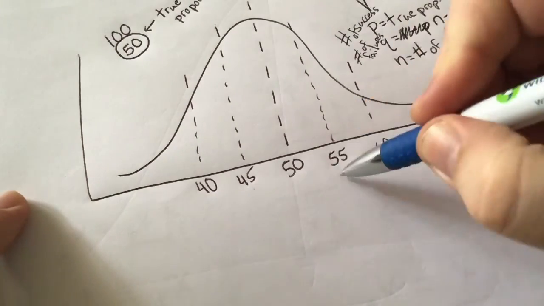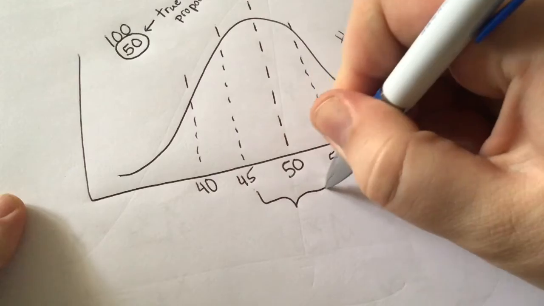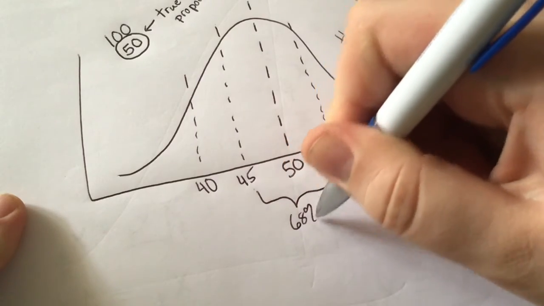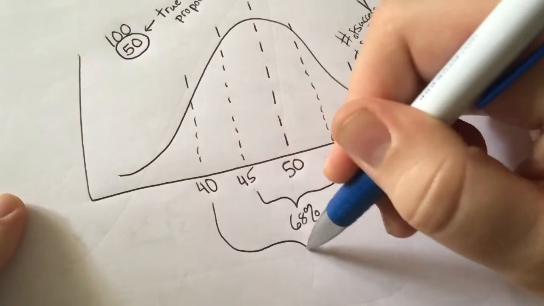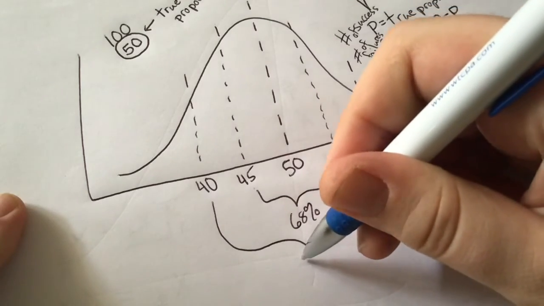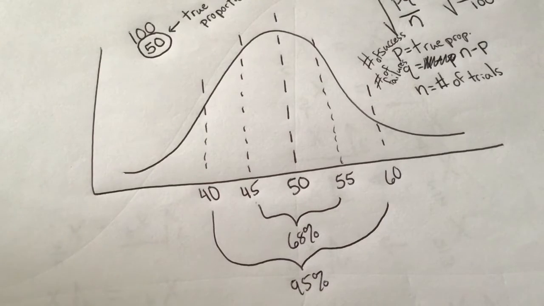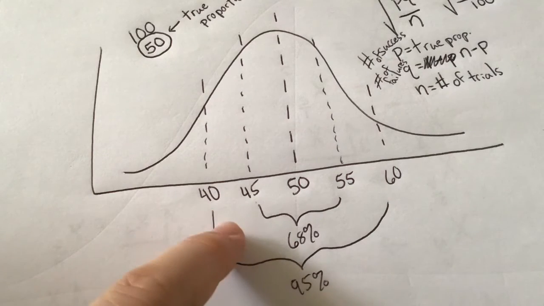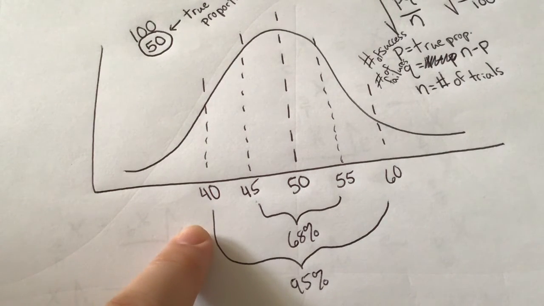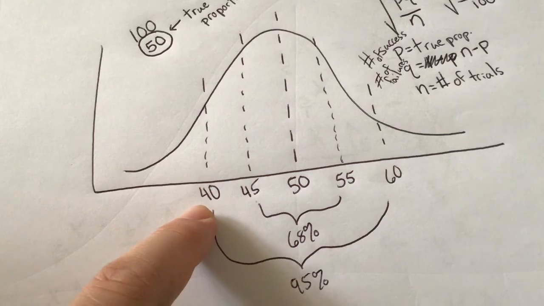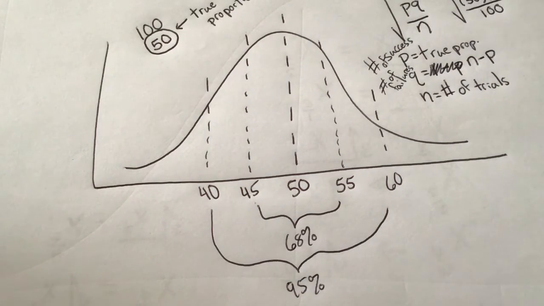We said yesterday that within one standard deviation is 68% of data. Within 2 standard deviations is 95% of data. So this tells us that in 100 coin flips, it is 95% likely that our sample will have between 40 and 60 heads.